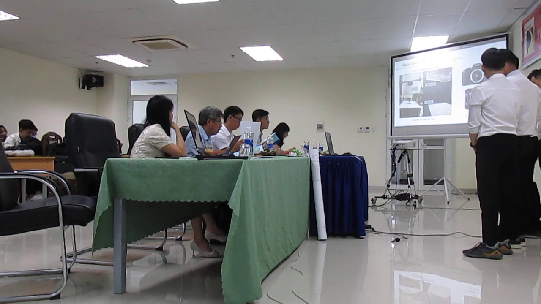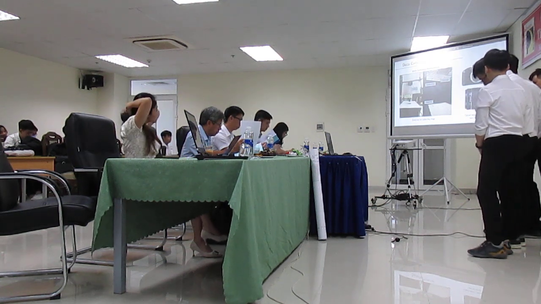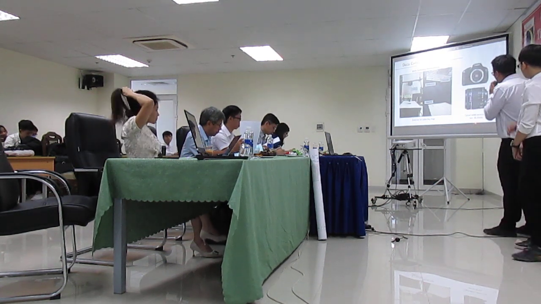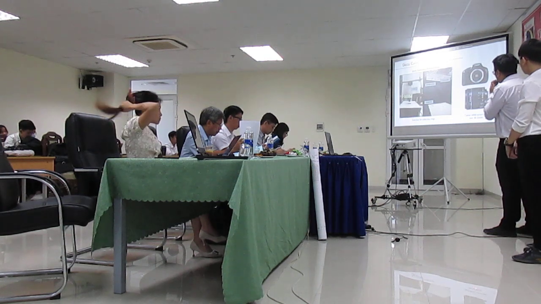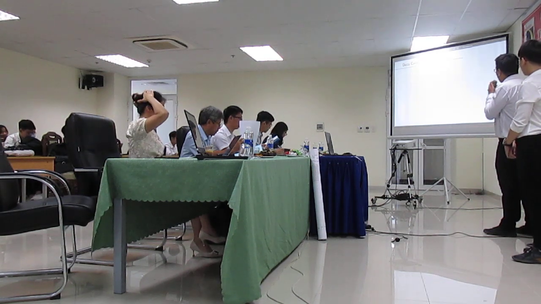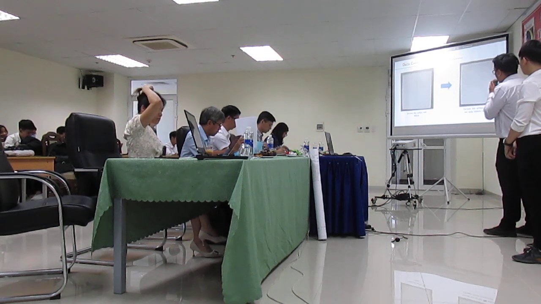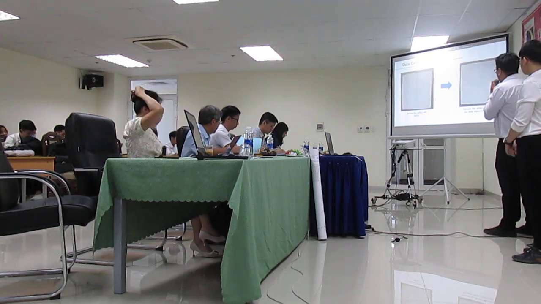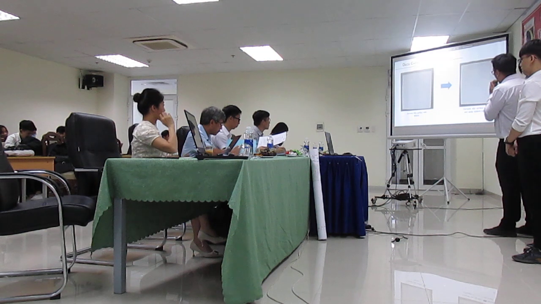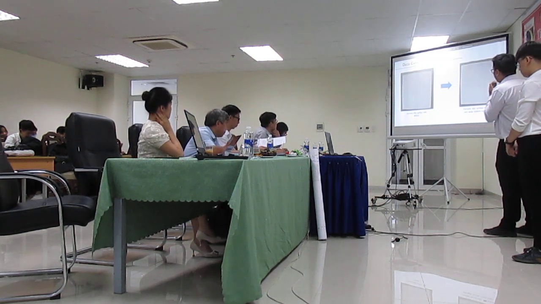The equipment used for image acquisition is a Canon camera and an 18 to 55 millimeter lens. After the image is taken, we also apply a 3x3 kernel for feature enhancement.